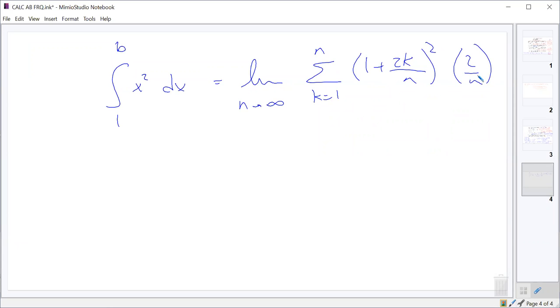And so this is, we did a whole worksheet on these a long time ago, probably during quarter 2, where we were turning definite integrals into this limit notation.